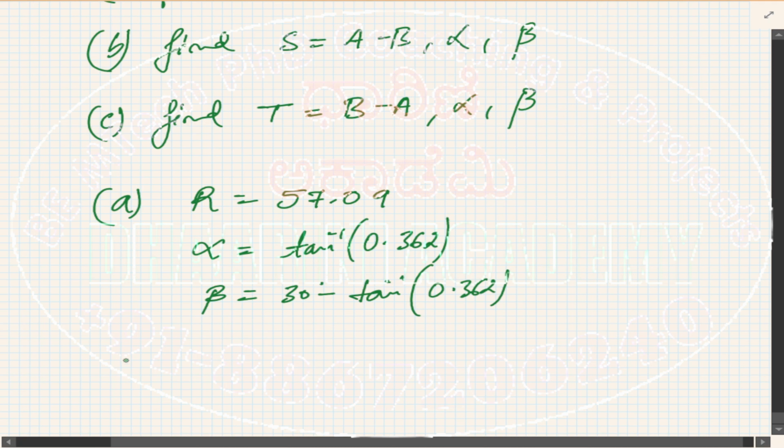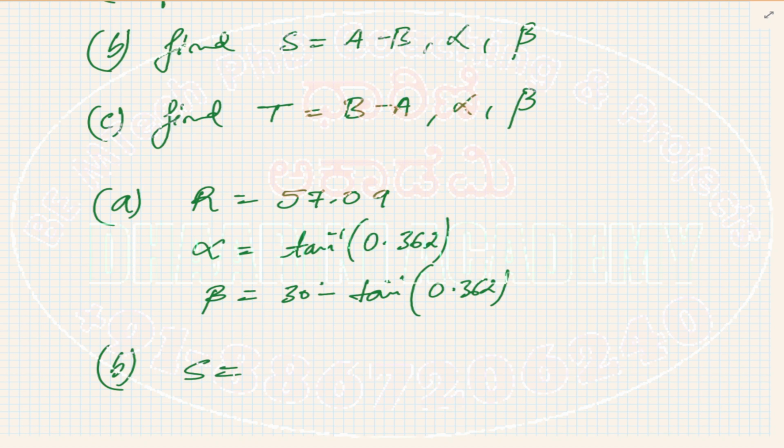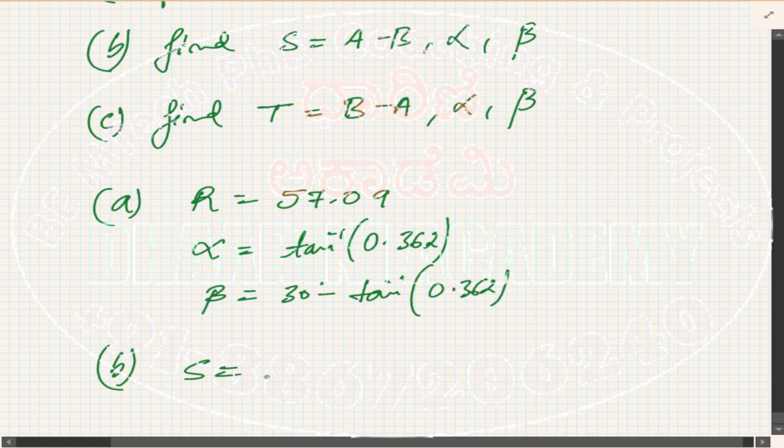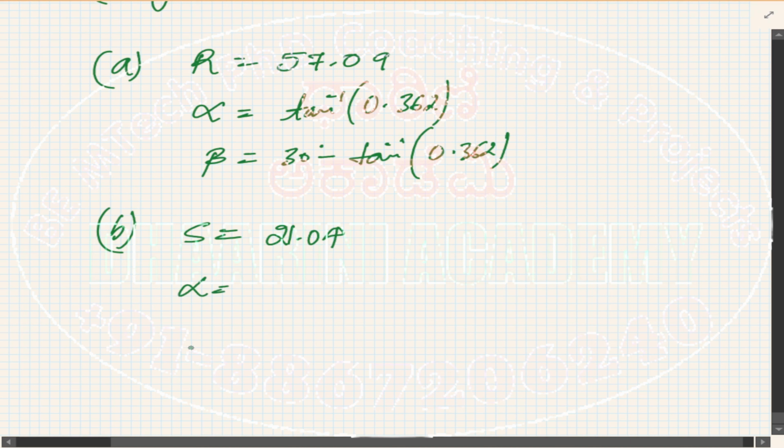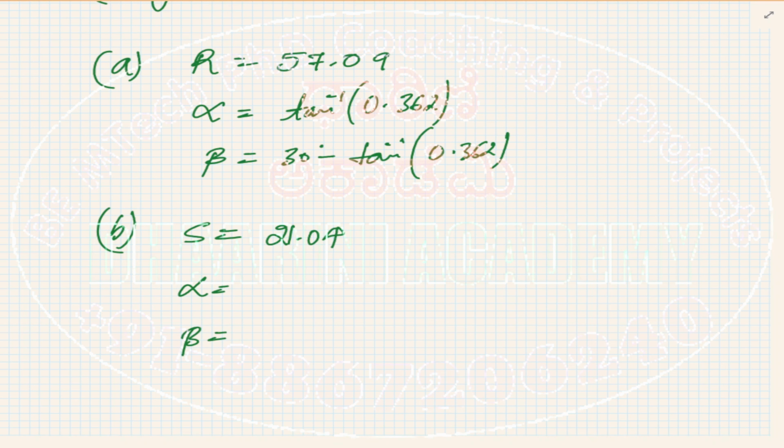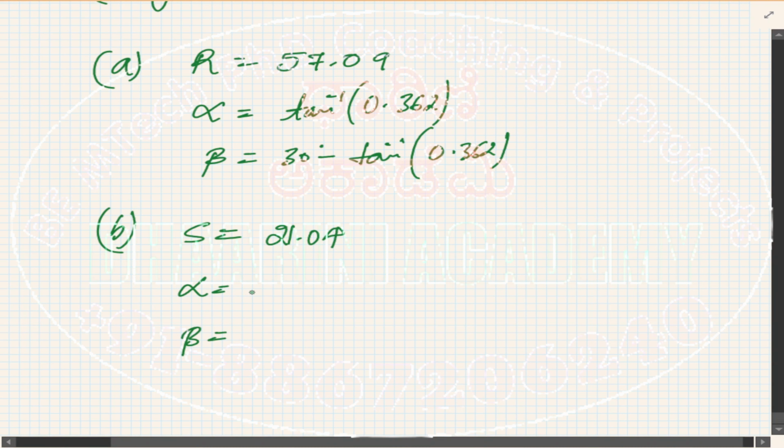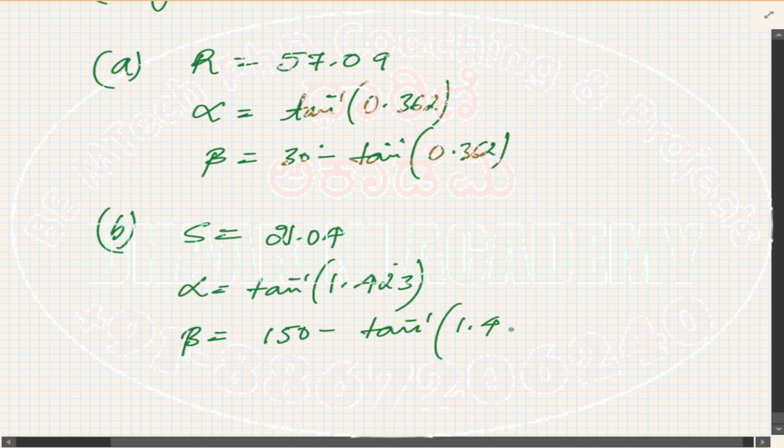All right, now solve part B. S is equal to 21.04. Okay, now calculate alpha and beta. 1.42. Okay, 0.43.